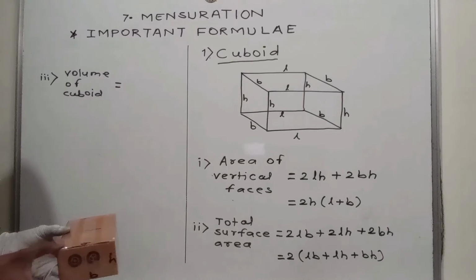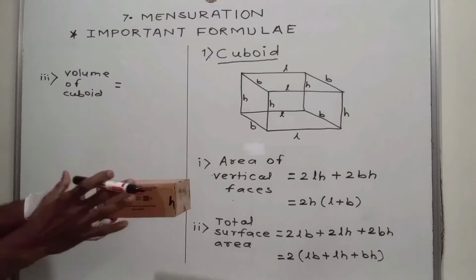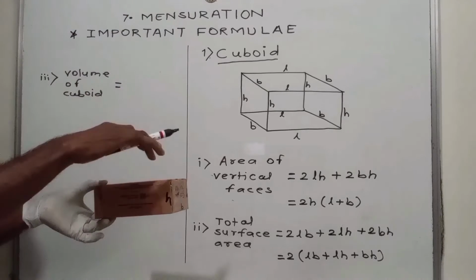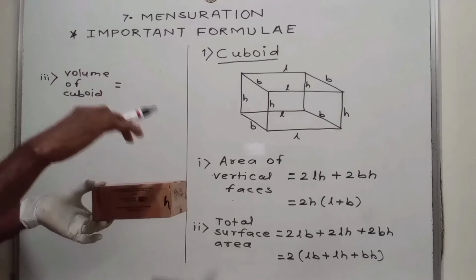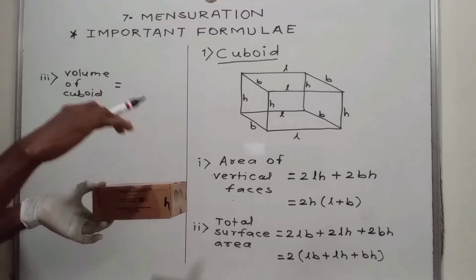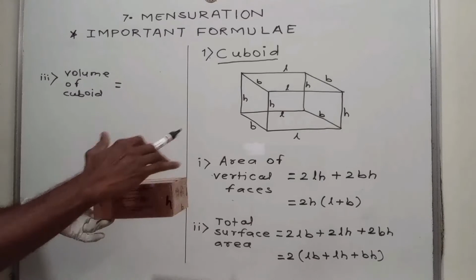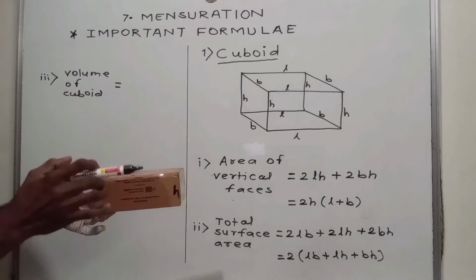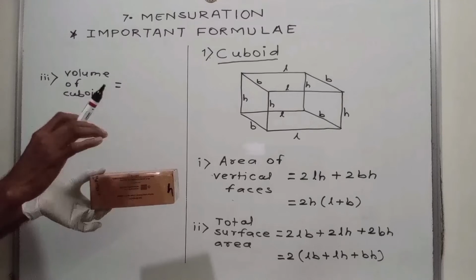Now when we find the volume of a cuboid, suppose this is our cuboid, and when we add something inside it, oil, water, rice, wheat, etc., and when we fill it, then we find the volume of that article, means oil, water, or anything else.